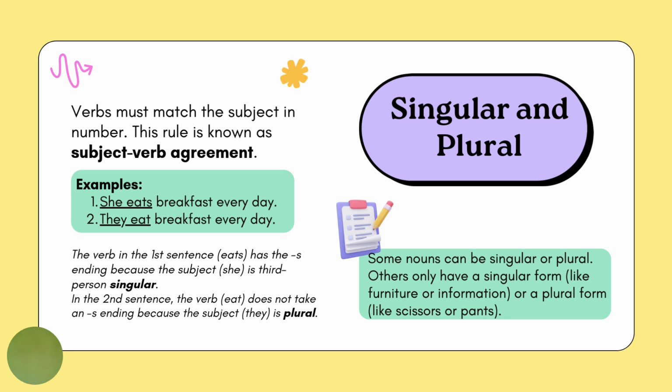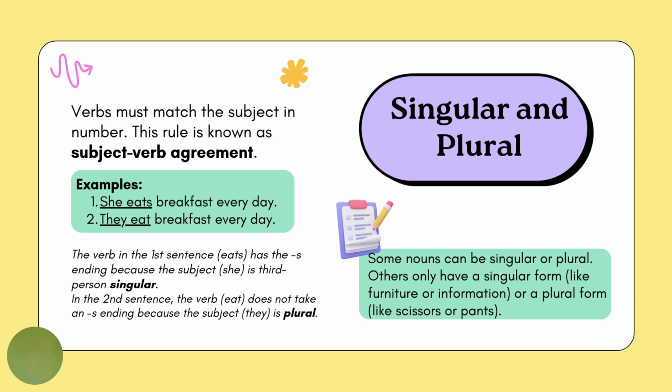Next, related to singular and plural nouns, you have to remember that when you write a sentence, there should be some kind of agreement between subject and verb. So on the first slide, I mentioned that nouns are essential in sentences because they can become the subject or the object, right?